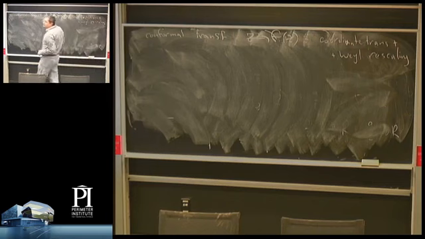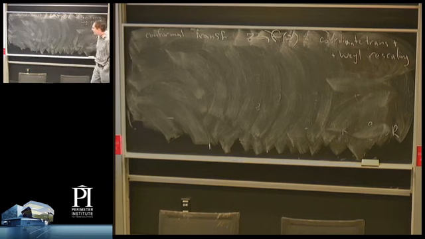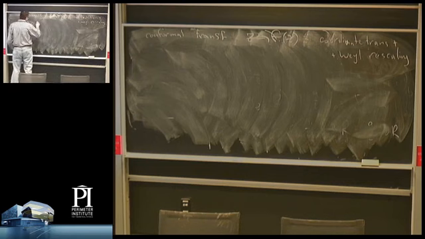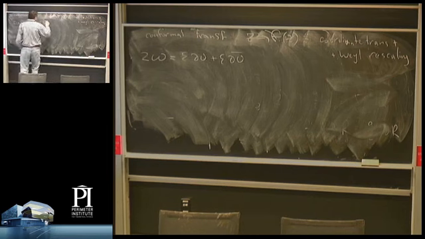In particular, just by looking at how my metric transforms under conformal transformation, I can see that the Weyl factor 2 omega must be equal to epsilon del b plus epsilon del bar b bar. So we have an accompanied Weyl transformation as well.